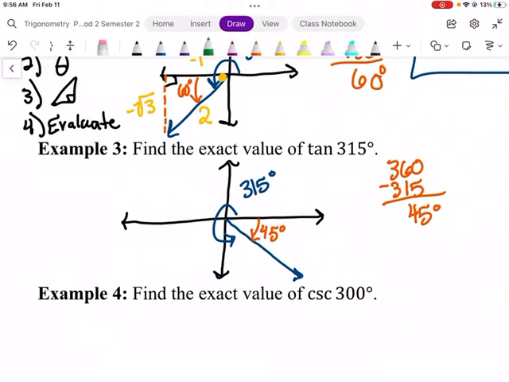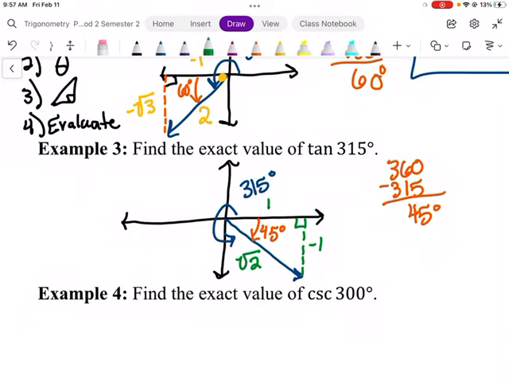Then we are going to draw our right triangle and label our sides. So the sides we use for 45, 45, 90 is 1, 1, and square root of 2. Because this 1 on our dotted leg is going down, that would be a negative 1.